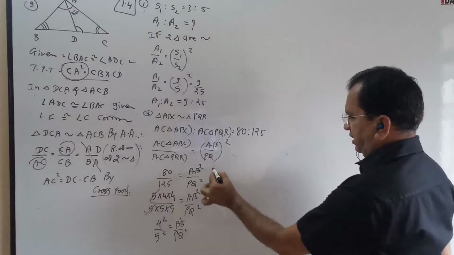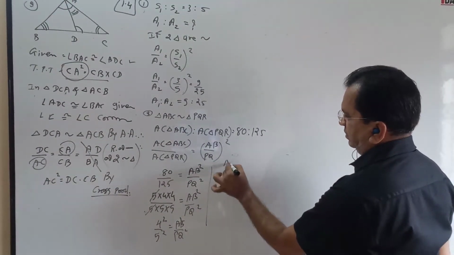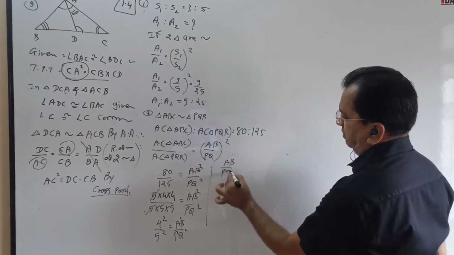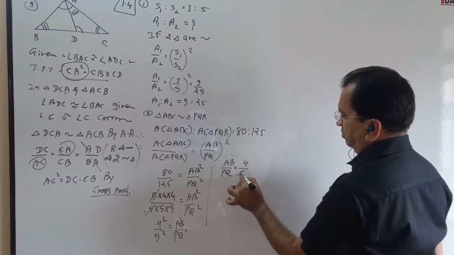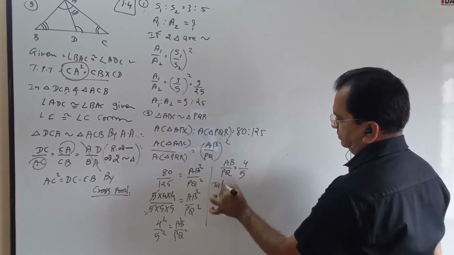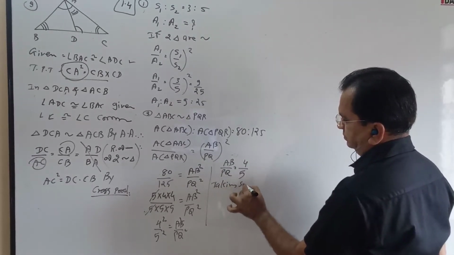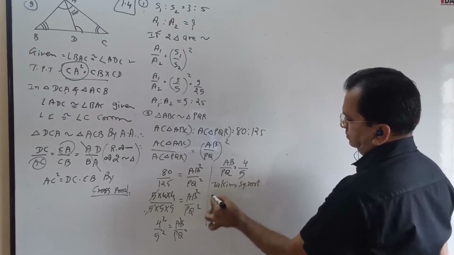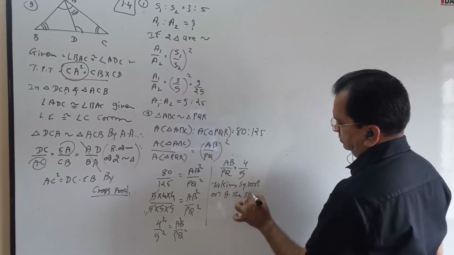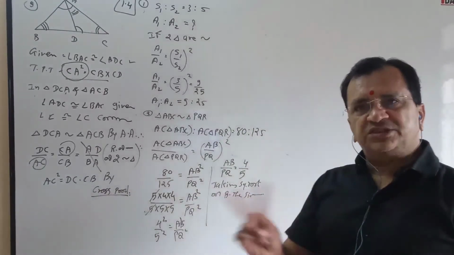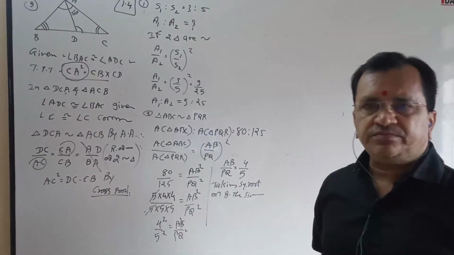Now we want AB and PQ, AB by PQ. Taking square root on both the sides, you will get this.